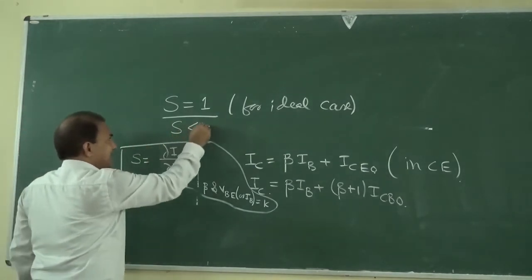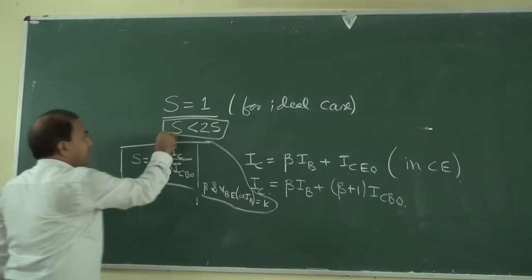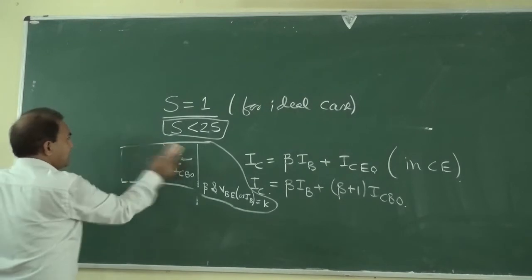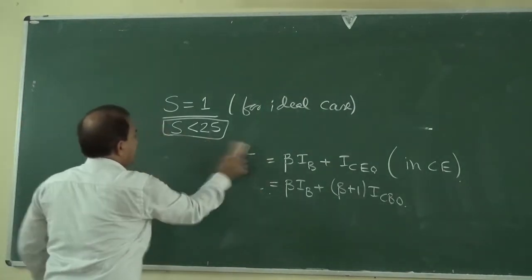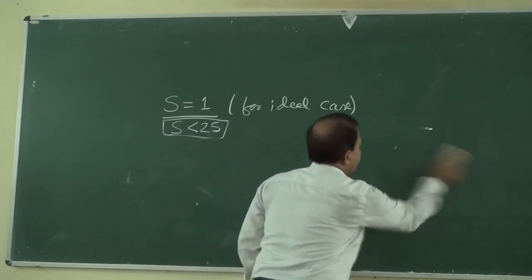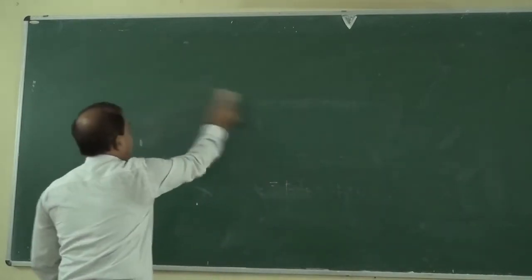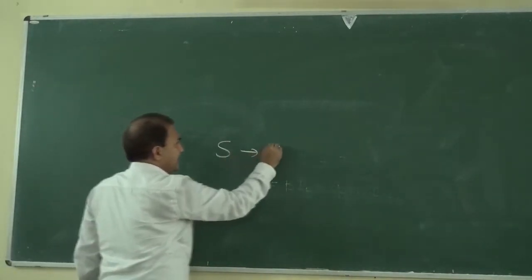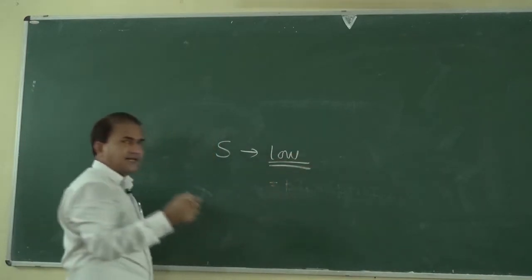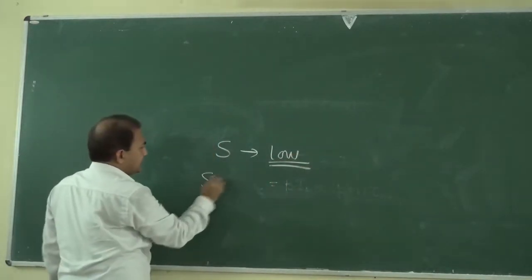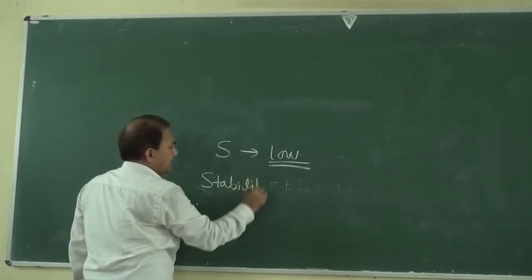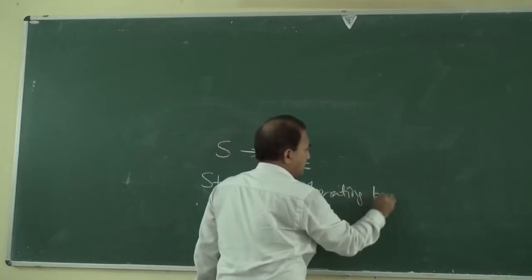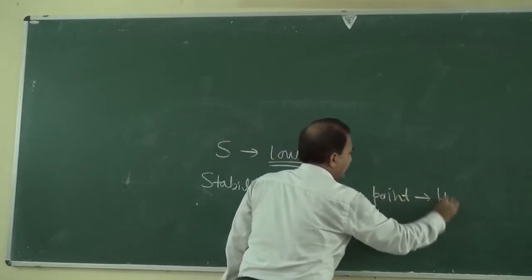So if S is less than 25 also, then we can say that the amplifier is faithful. So amplification is faithful. For faithful amplification, the stability factor should be low.